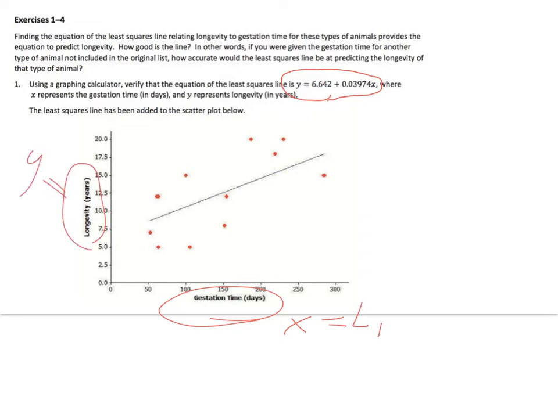Longevity would be your Y value, so you want to put that into list 2. And go ahead and do your linear regression. And then you can store it into Y1 using the vars. It's silly for me to do that on the lesson video because you can't see my calculator, but I would go ahead and practice it and see what you get. And then you can graph them both together.